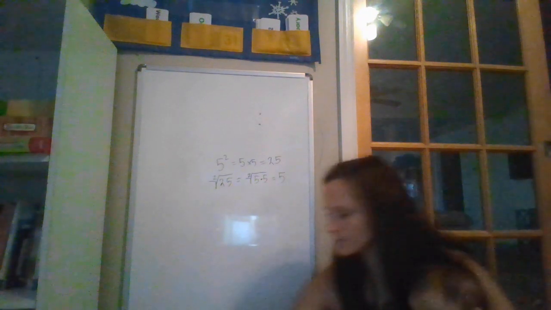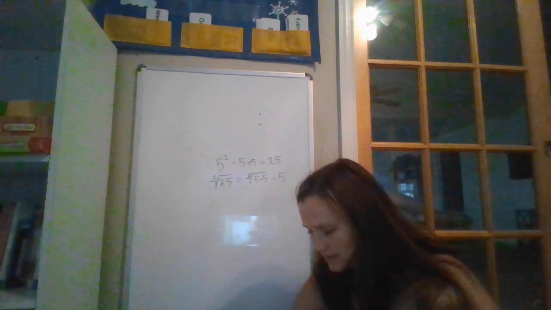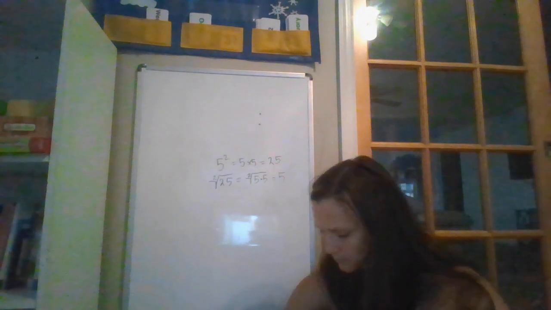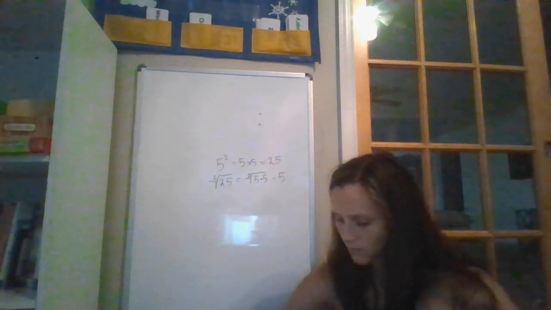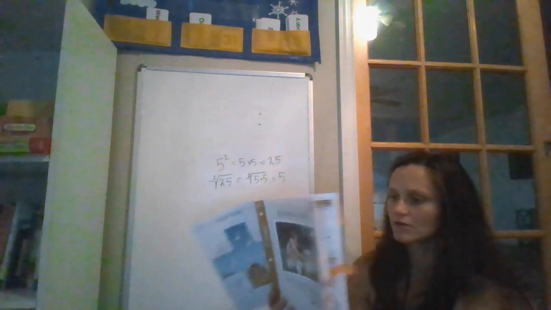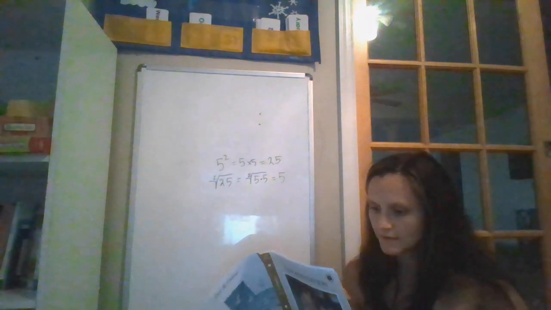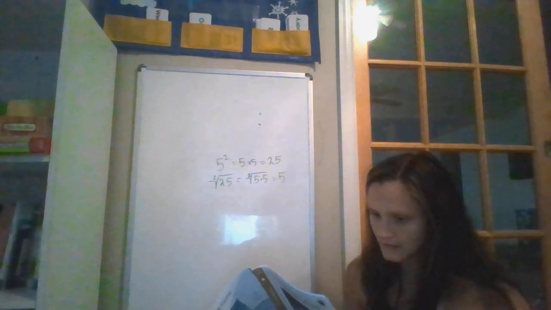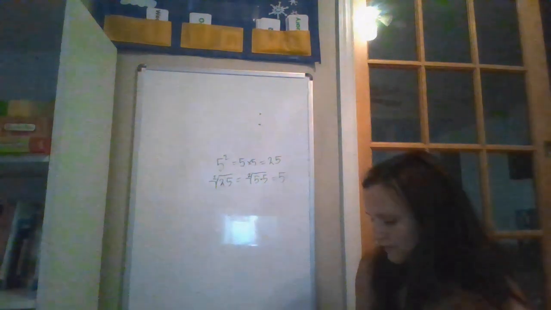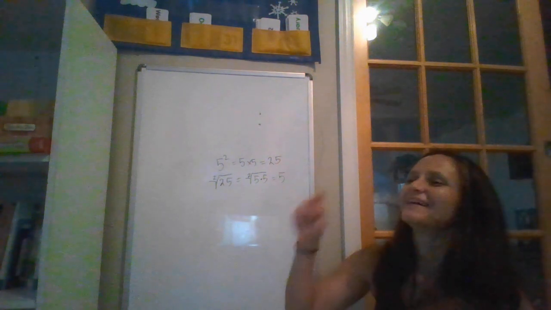When we take the square root, we're working backwards. Now, the one thing I didn't check in the answers, which I will, is that there's always a positive and a negative root, because I could have done -5 times -5 and gotten a +25.